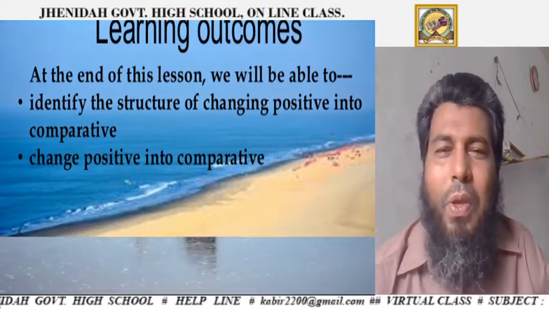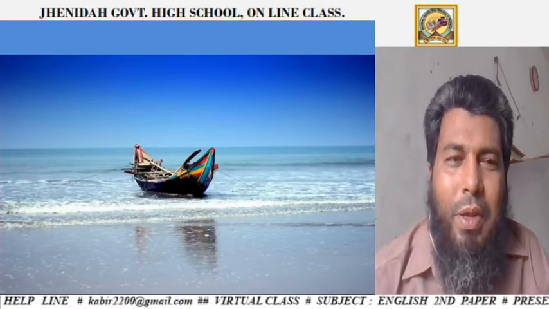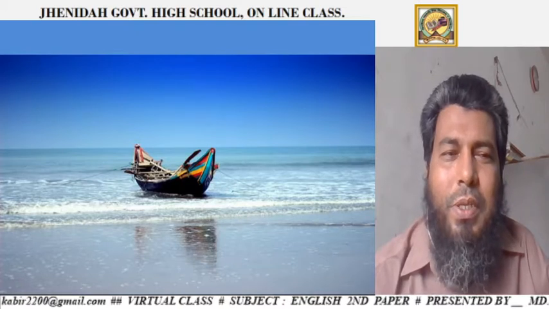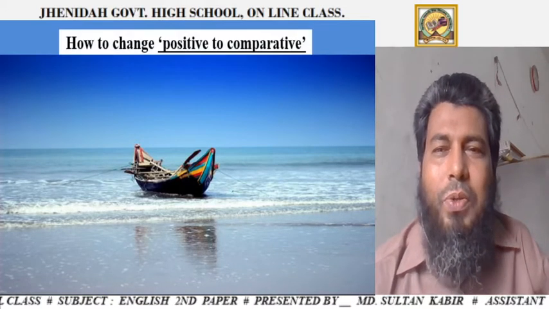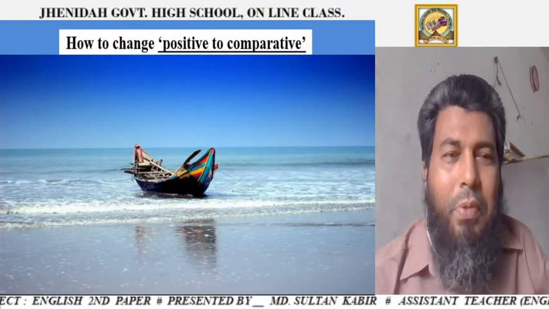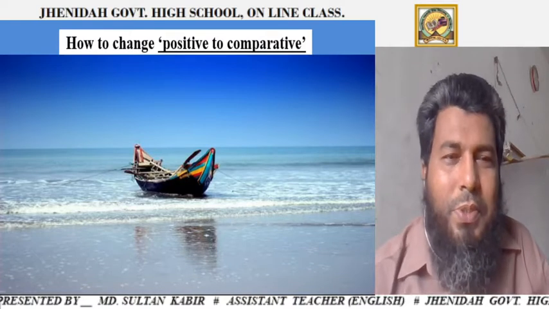Fine. Now, dear learners, get ready and take all your necessary things with you. Now, how to change positive to comparative? There are some rules, some structures of the positive degree.